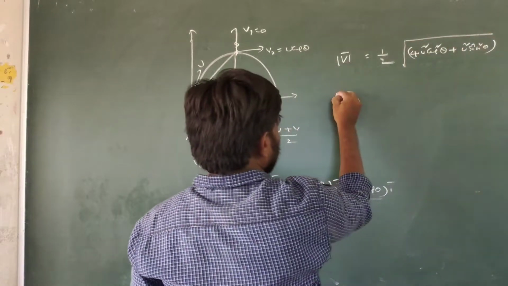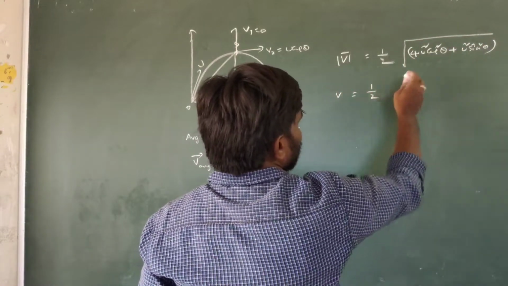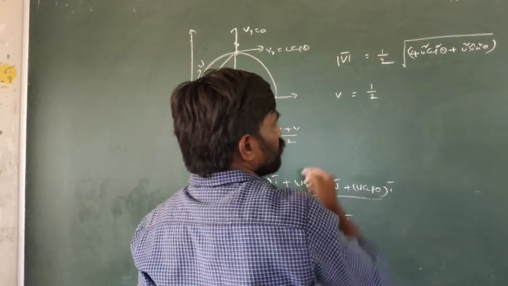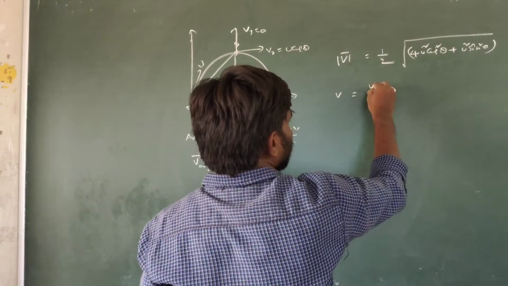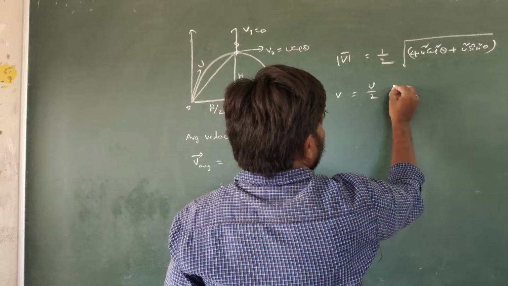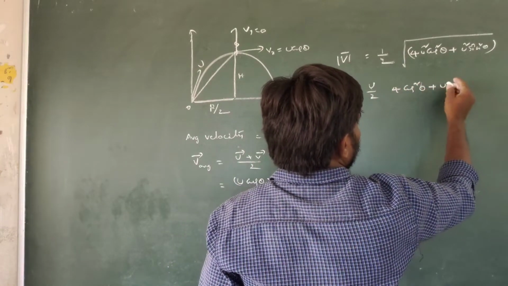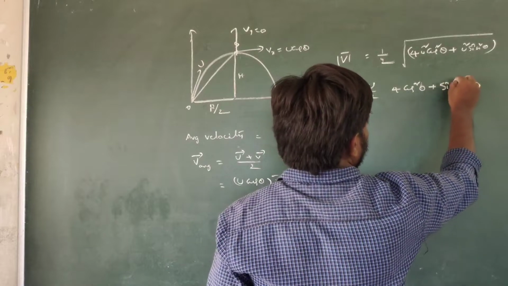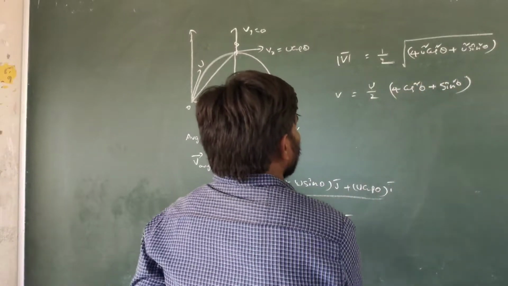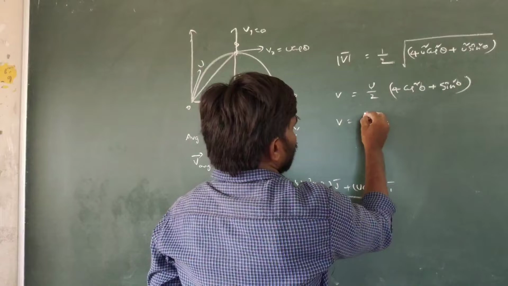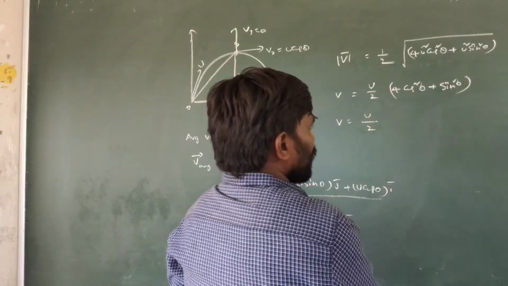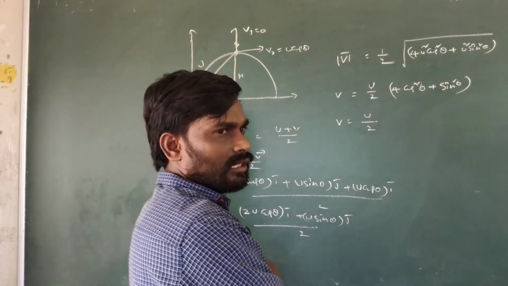Square root of, then v is equal to 1 by 2. Here u square is also common, u cancels out, so we get u by 2 times the square root of 4 cos square theta plus sin square theta. Here, actually sin square theta plus cos square theta equals 1.